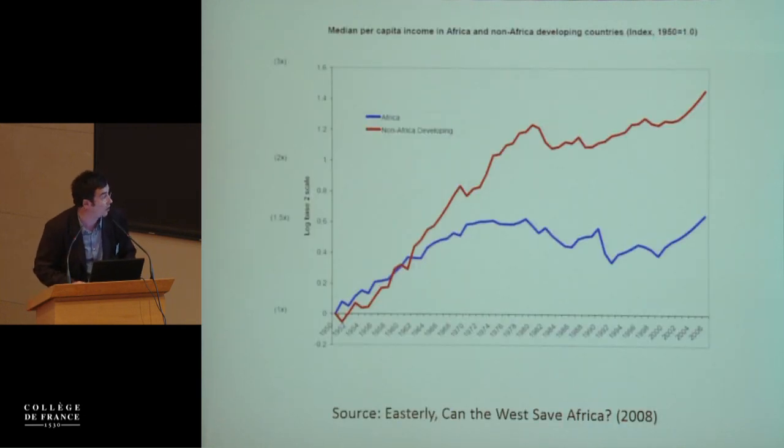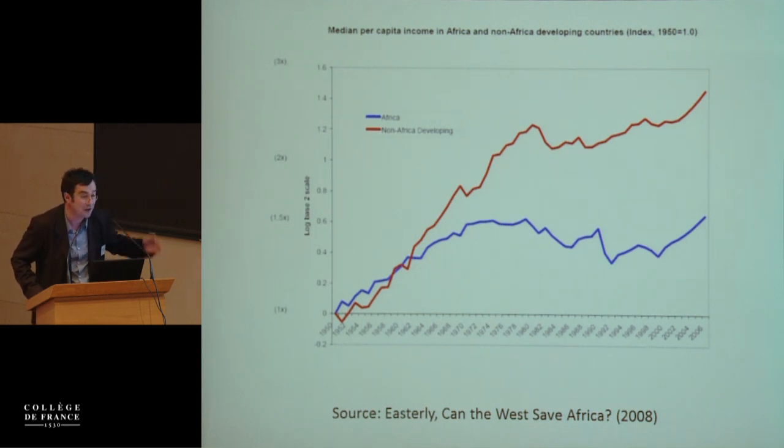Of course, from a development economist's viewpoint, the question raised by African economies has already been summarized in the graphs that François showed us. So here is another graph of the same flavor, taken from a paper from William Easterly, that depicts the divergence of the African continent with respect to the rest of the developing world.